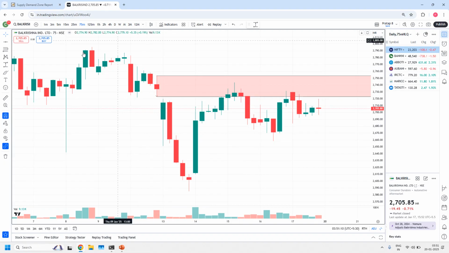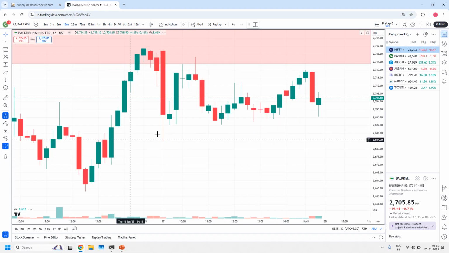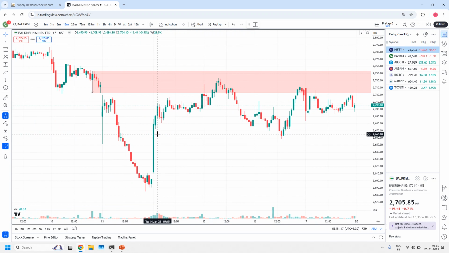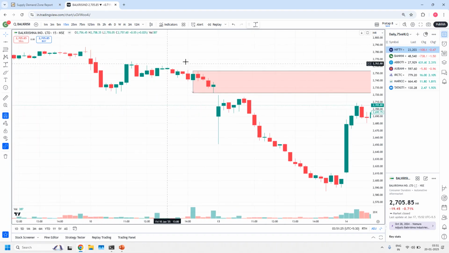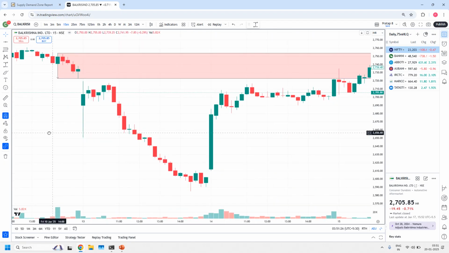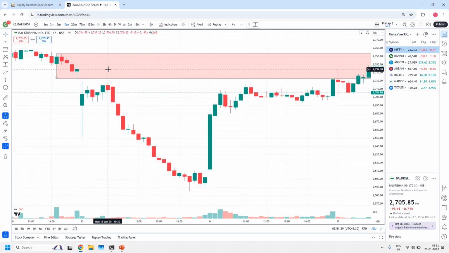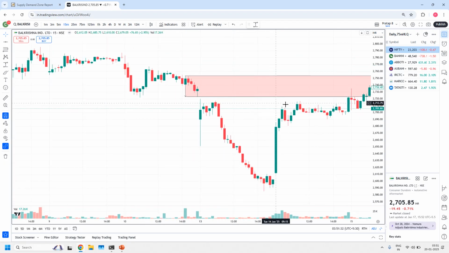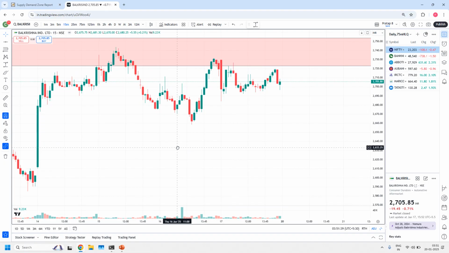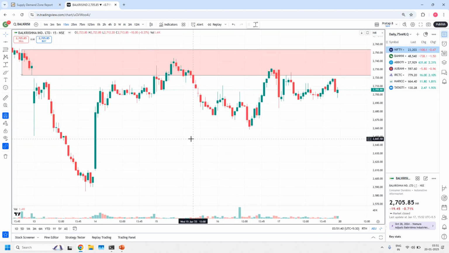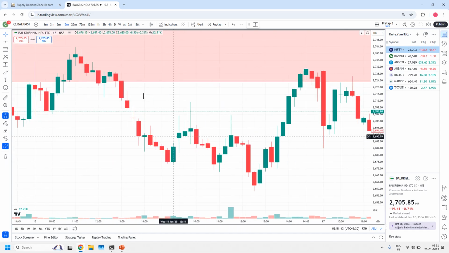Okay, drop, base, drop. And this is the one we fine-tune with the 15 minutes time frame. We need to fine-tune with 15 minutes. We have a drop, base, drop here.